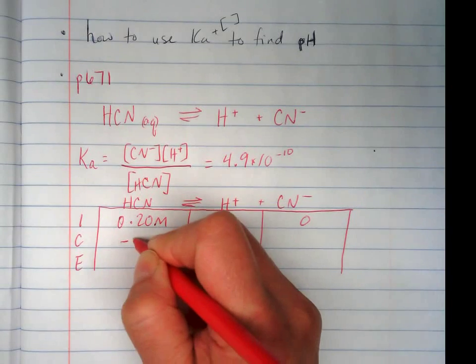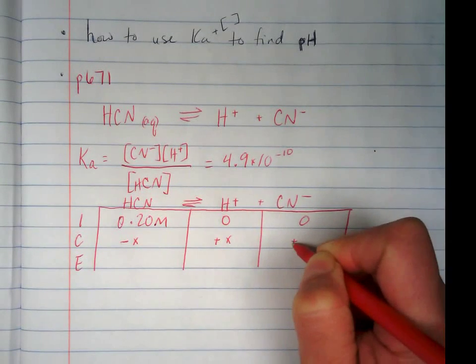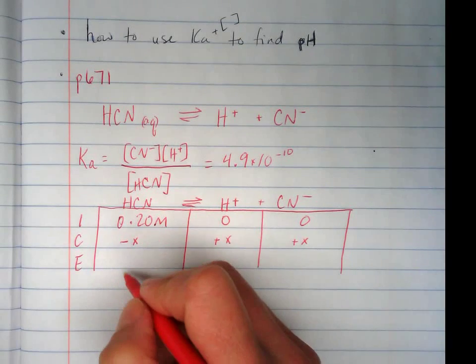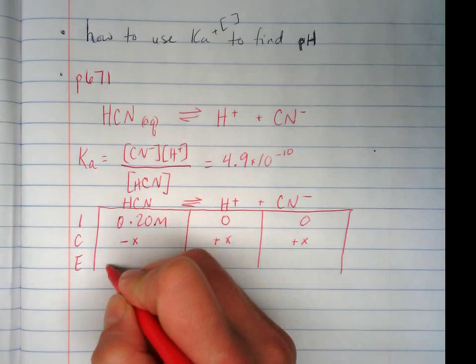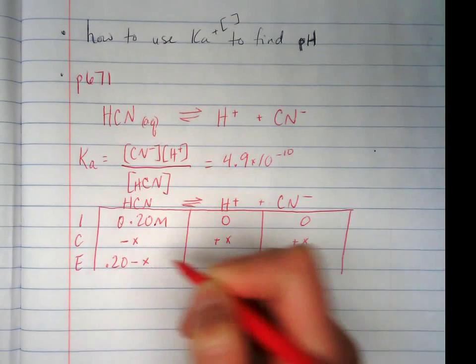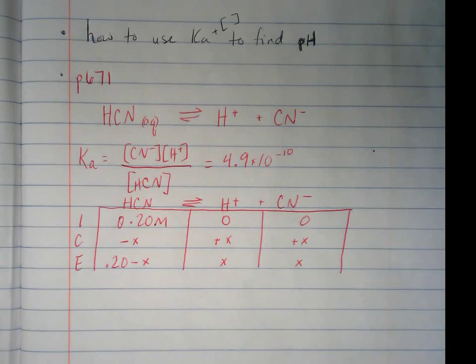I know this is going to change by negative x at some point, and these are going to increase by x and x. And so my overall concentrations at equilibrium are going to be 0.20 minus x, and then we'll have x and x.